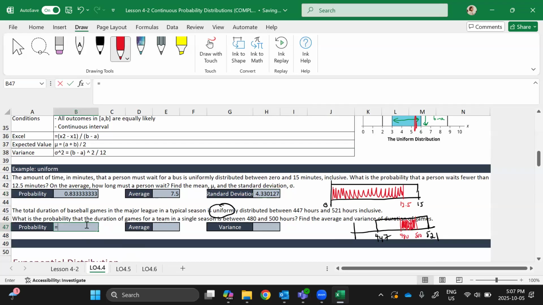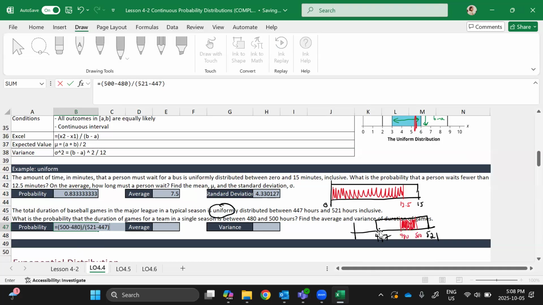To get the area of the rectangle, we'll look at the difference between 500 and 480 for the length of the rectangle. For the height of the rectangle, we use 1 over 521 minus 447, the maximum minus the minimum. That will give you this size because we know the area has to be 1, since all probabilities sum up to 1.